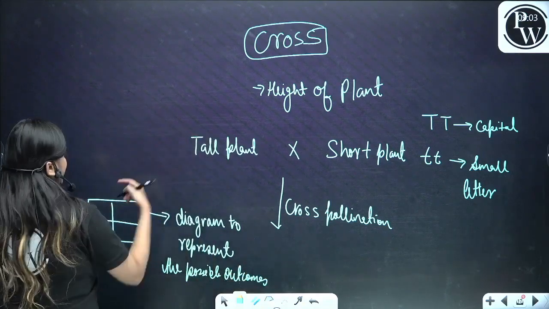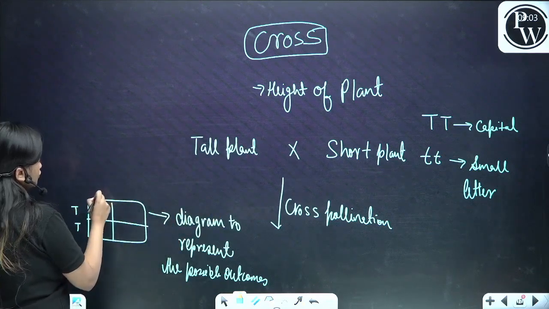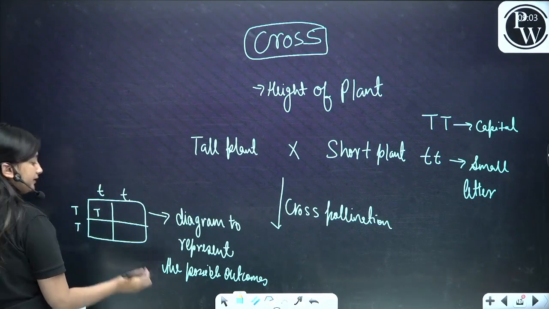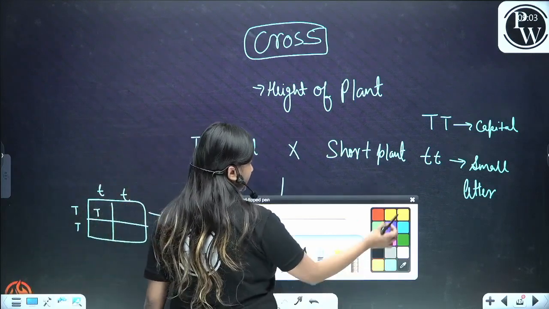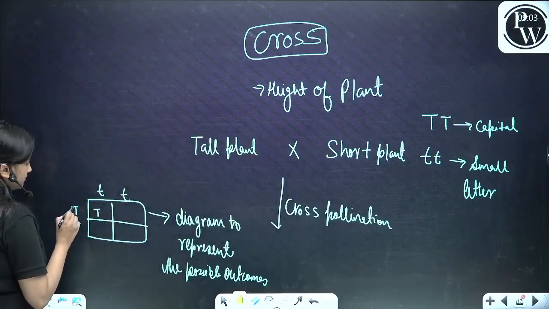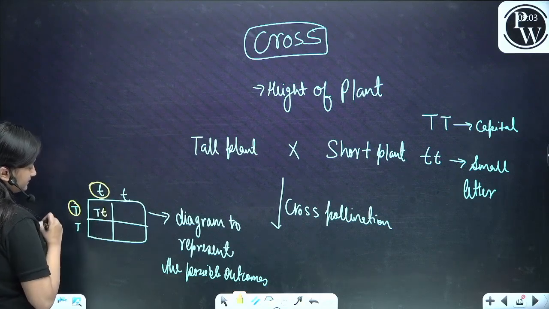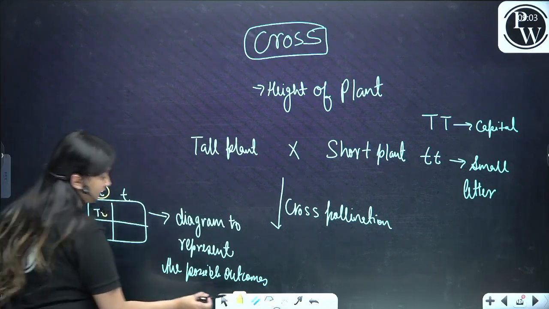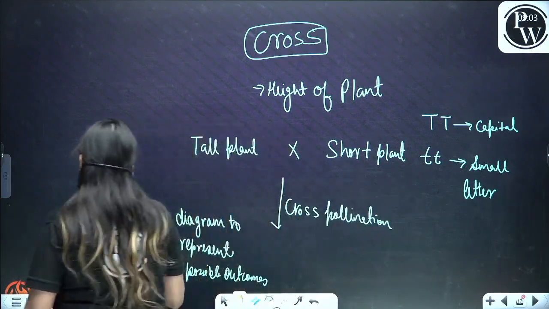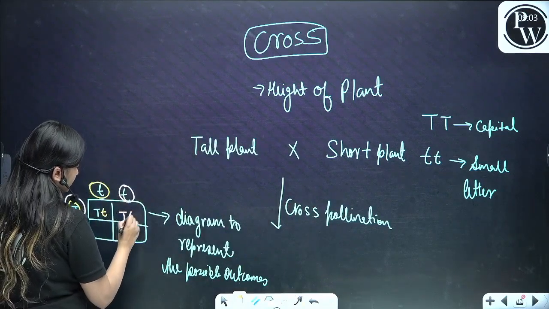Now, when he made a cross between a tall plant and a short plant, so now you need to do what? Made a cross. Play a game. First, make a cross between T to T. That means T or T. Then make a cross between this T again to this T. We got TT.